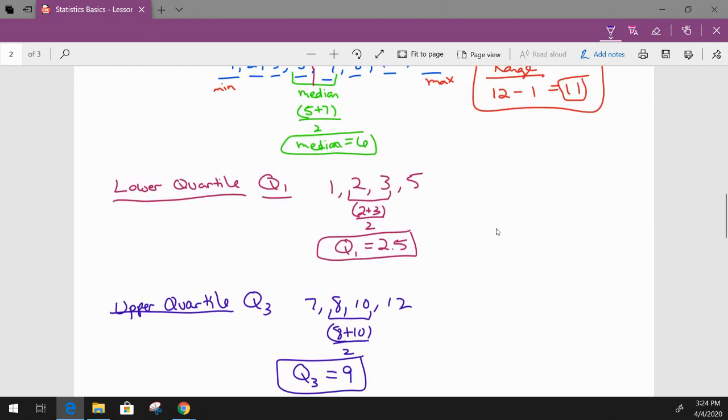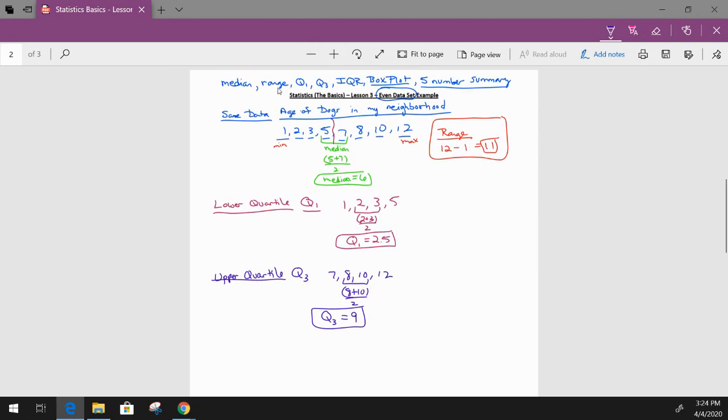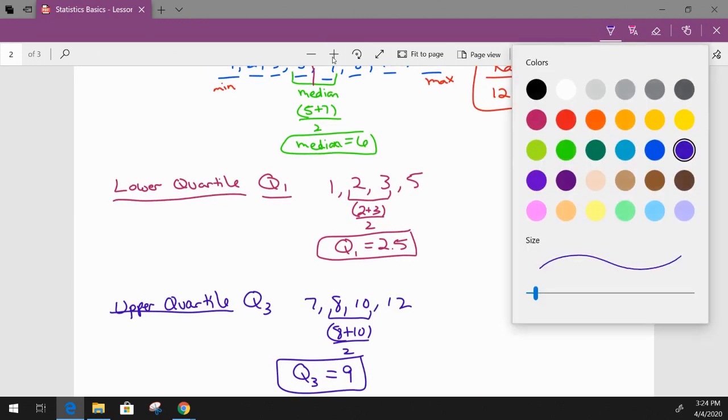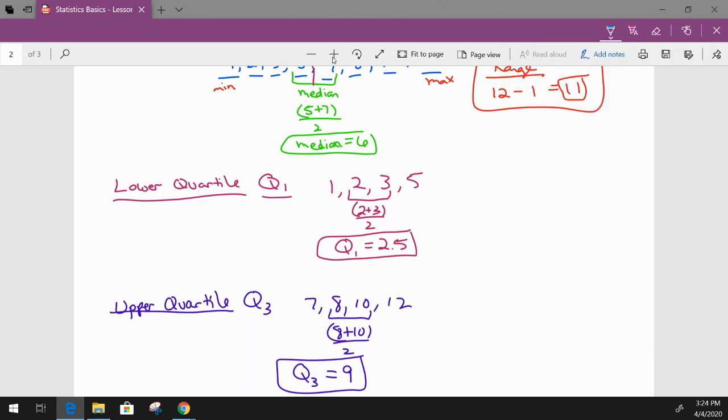So let's see, if I zoom out here a little bit, did I find everything that I was looking for? I've got my median, I've got my range, Q1, Q3, oh, interquartile range. So let me do that over here. Your interquartile range is Q3 minus Q1.